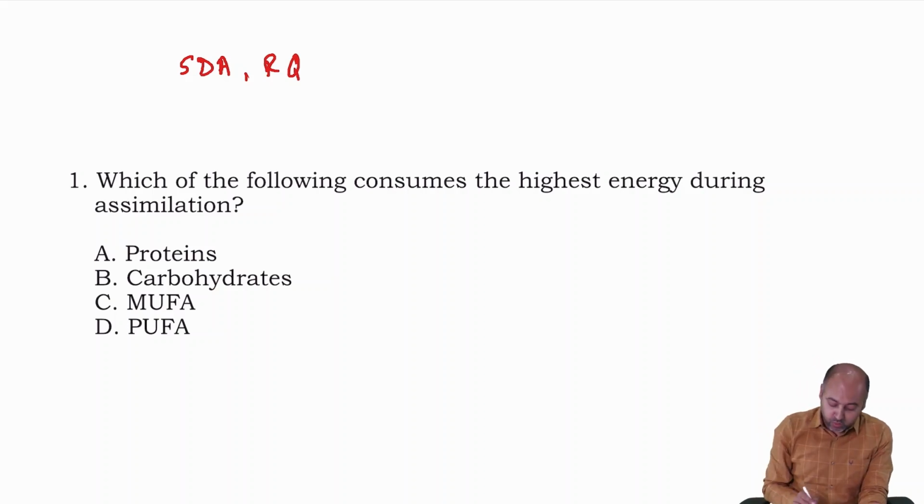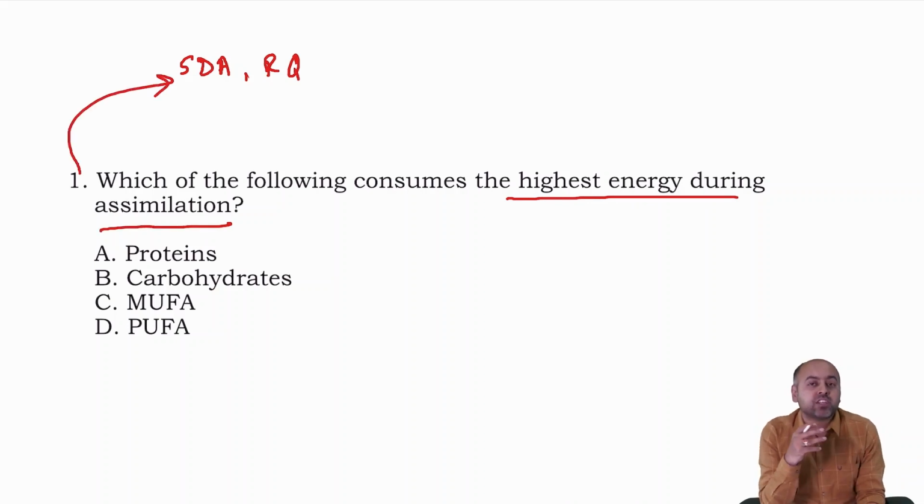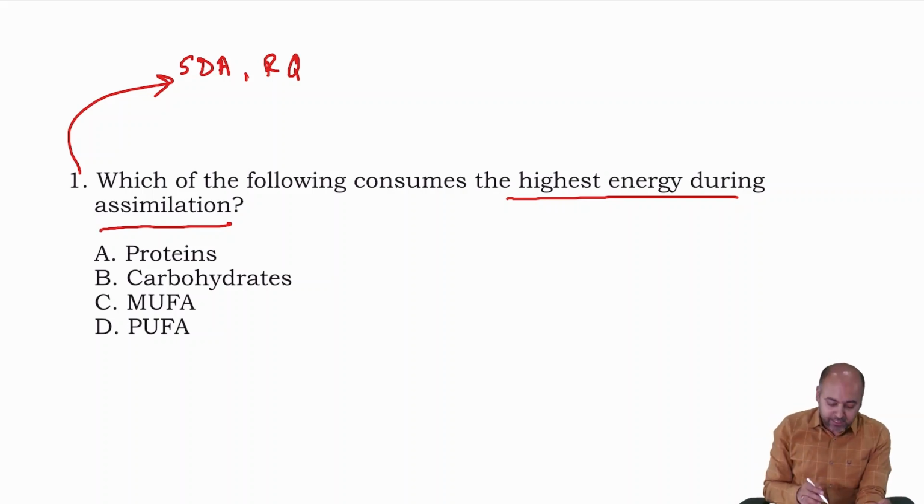Okay, so the highest energy during assimilation is what we call specific dynamic action, meaning the amount of energy that the body spends to assimilate a food substance. That is the specific dynamic action. Among the macromolecules, it will be highest for the proteins, in the range of 30%.